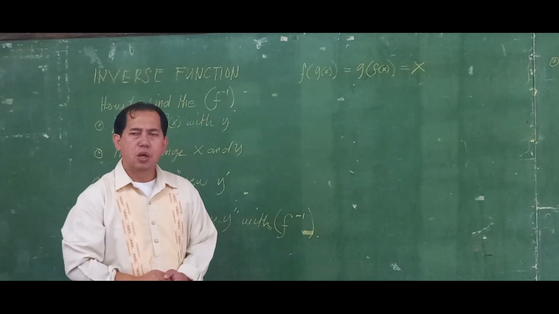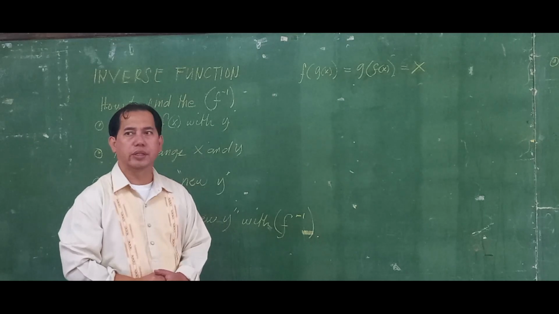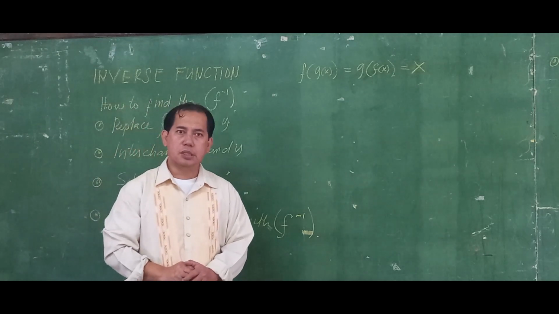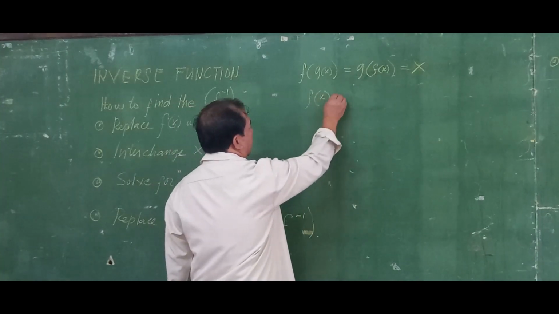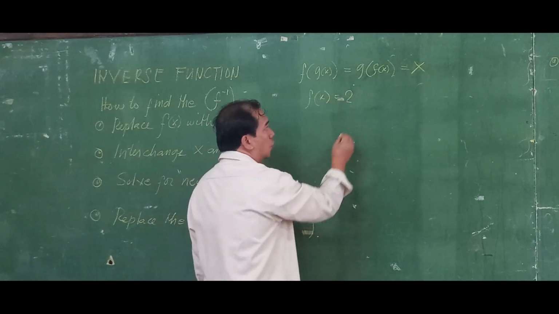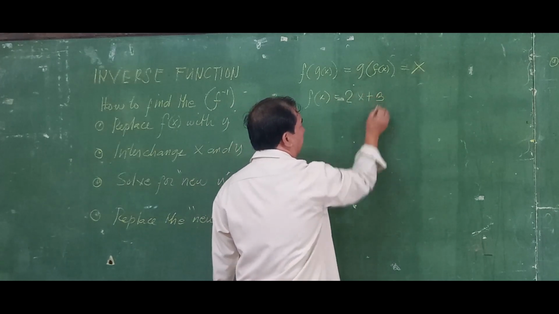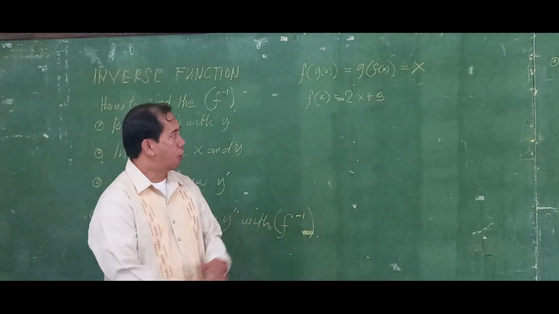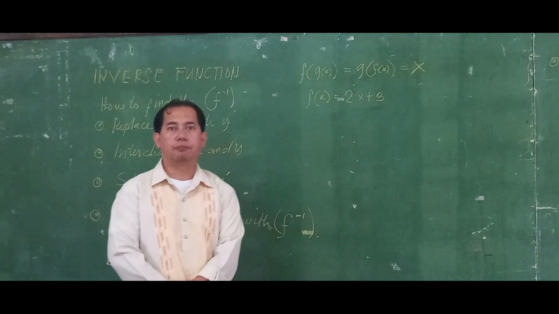Meaning to say, will they be equal when they are both equated to x? Now let's try to see. The same as 2x plus 3. Before we're going to have this one, let's try this first.